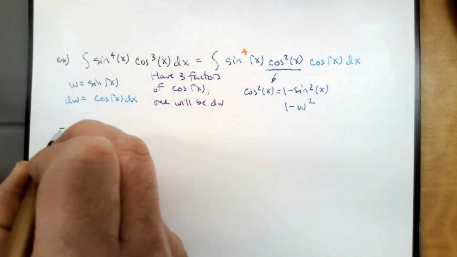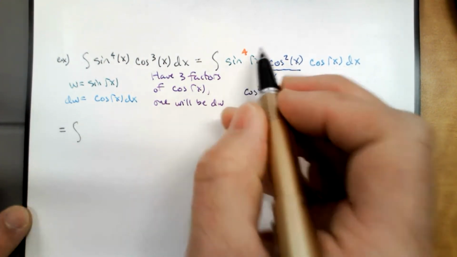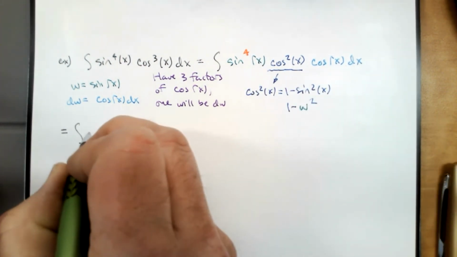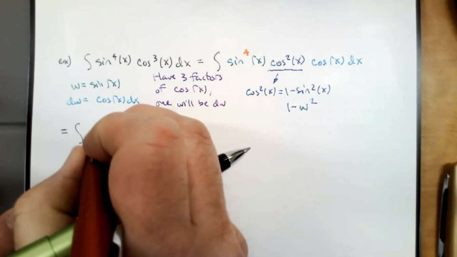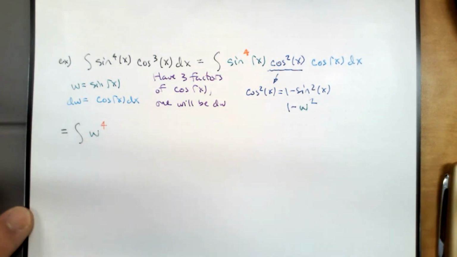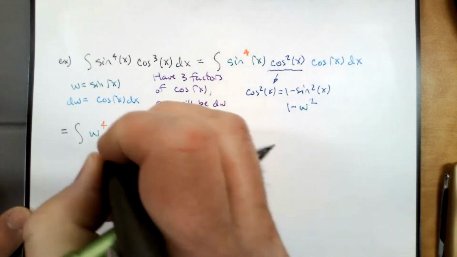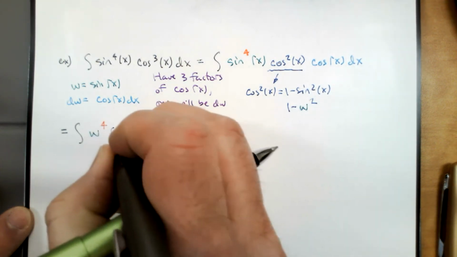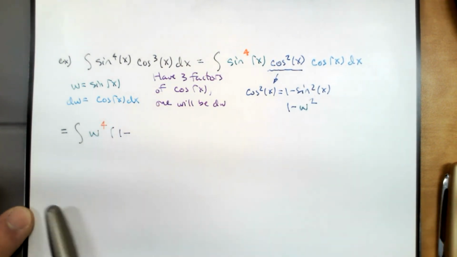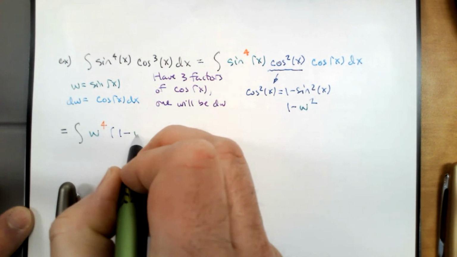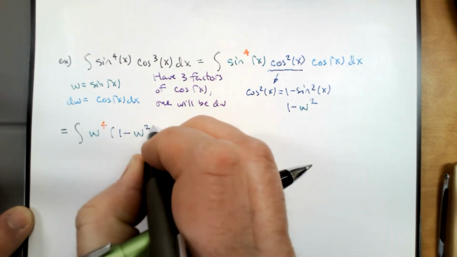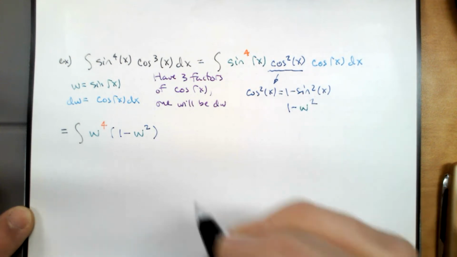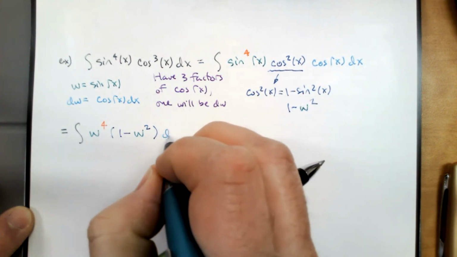So my substituted integral has a W to the 4th power times 1 minus W squared. And then that one factor of cosine is dw.